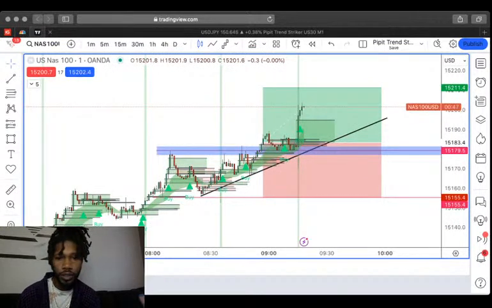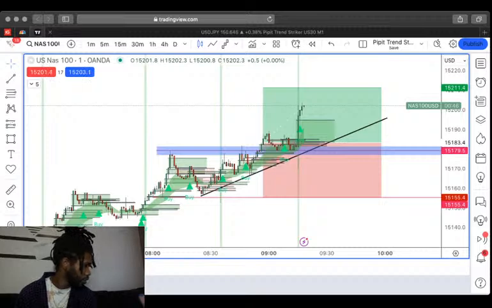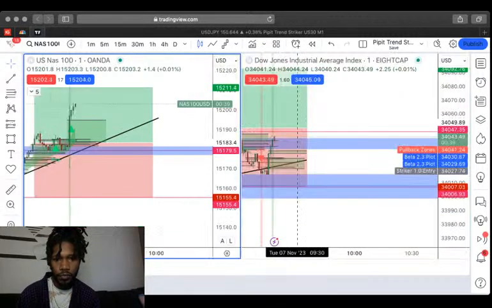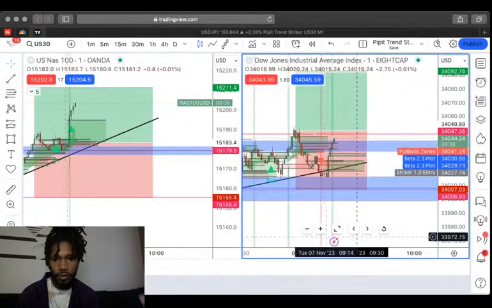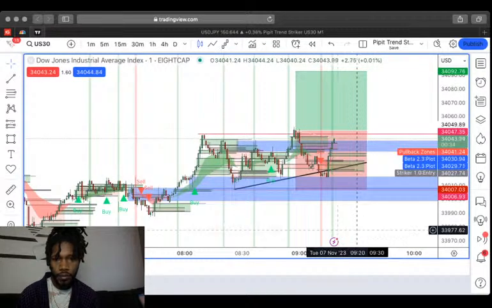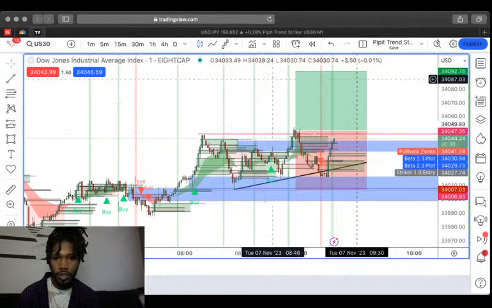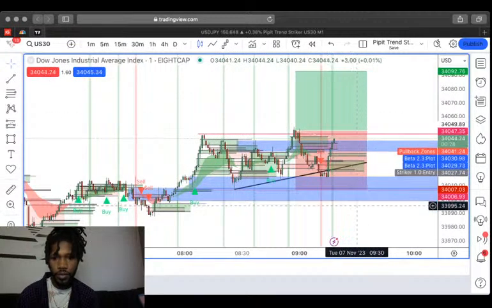That's looking good. Now it's just pushing up. US 30 is slowly but surely getting back into play, finding its way back up. So if we can get the break of these highs to the upside, that'd be love. Especially before 9:30.